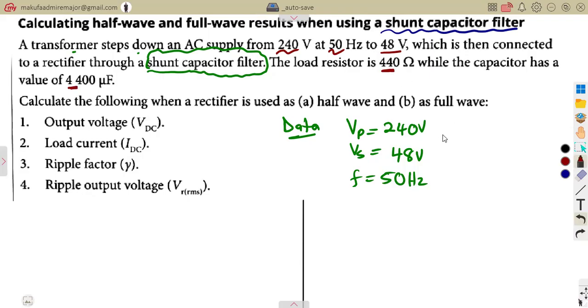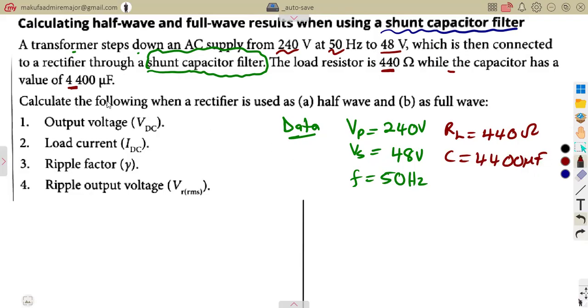In parallel. We are given a load resistance of 440 ohms, and the capacitance is 4400 microfarad.